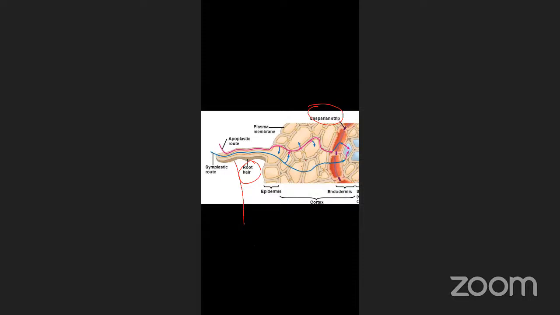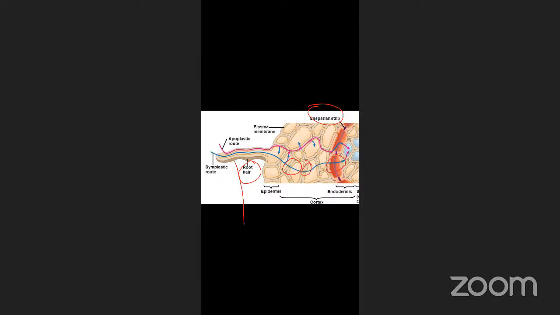Symplastic movement is through cell to cell, from inside the cell. We can observe the plasmodesmata connection here. Through the connections, it moves and crosses the Casparian strip. Here you can see the Casparian.